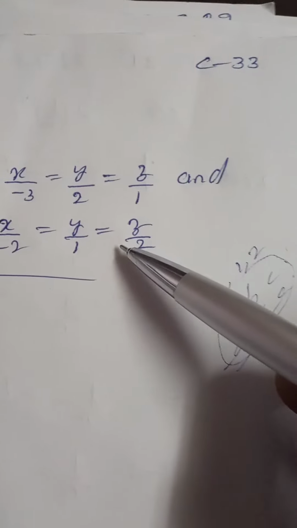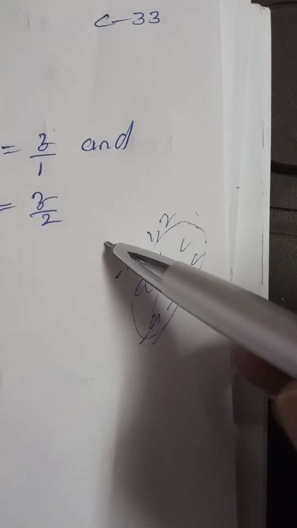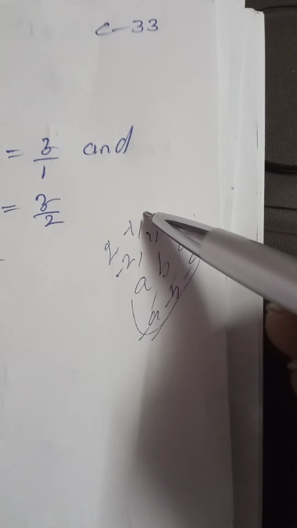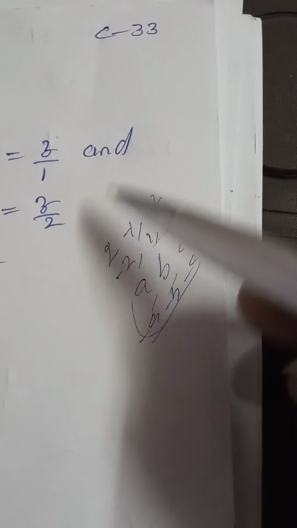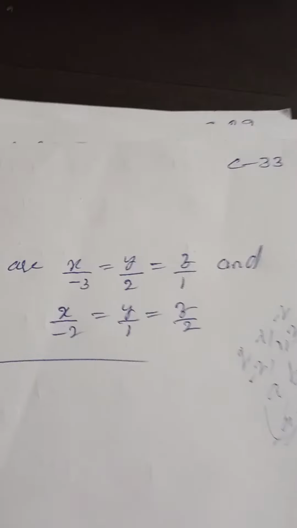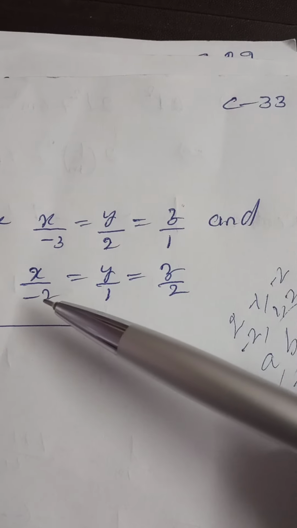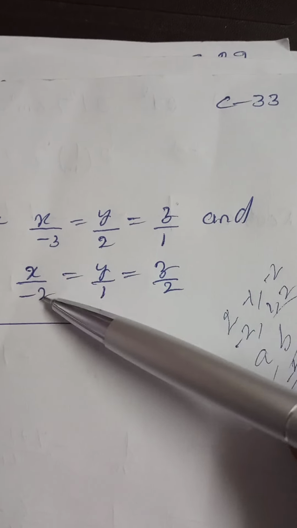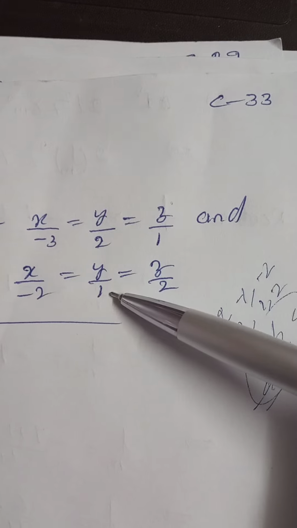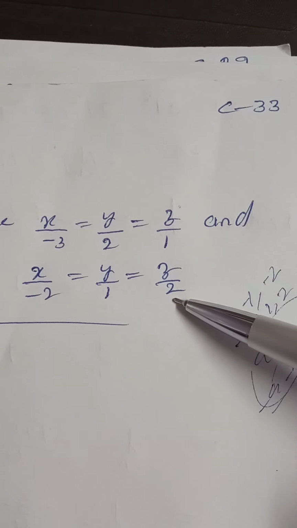Here minus 2, 1, 2 are the direction ratios of this line. That means 2, minus 1, minus 2 are also the direction ratios of the same line. That's why in the textbook it is x by 2 is equal to y by minus 1 is equal to z by minus 2.